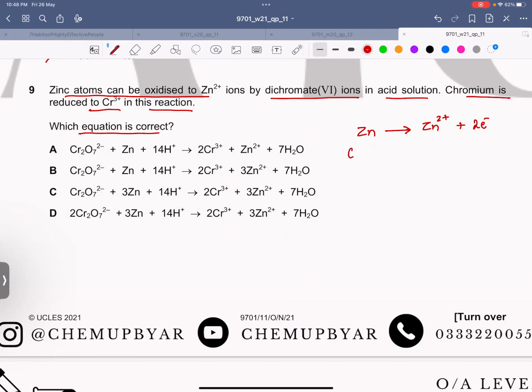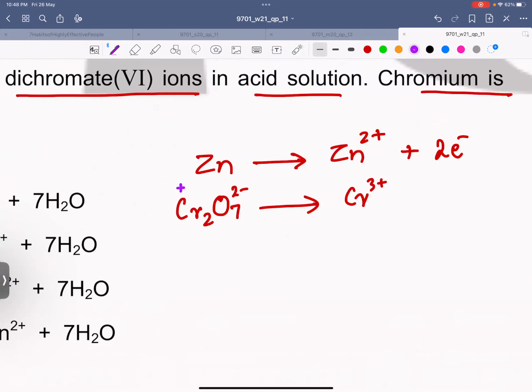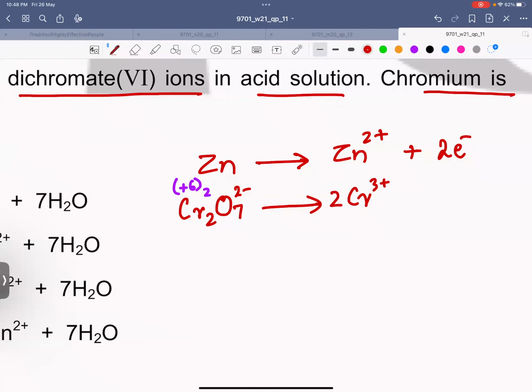Dichromate is Cr2O7 2 negative and it turns into chromium 3 positive ion as they have told you. If you work over here, the oxidation number of chromium is +6 and there are 2 chromium, so we need 2 chromiums over here as well to balance them.